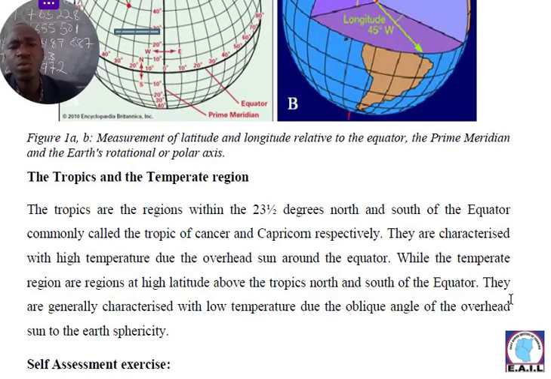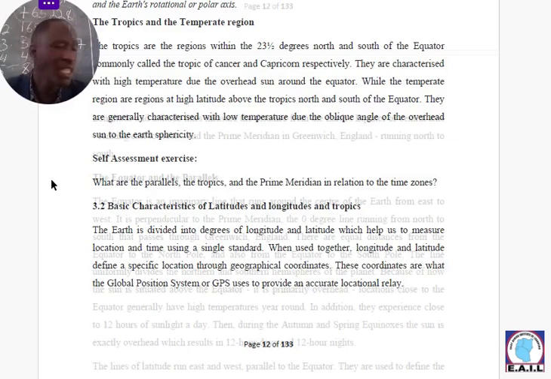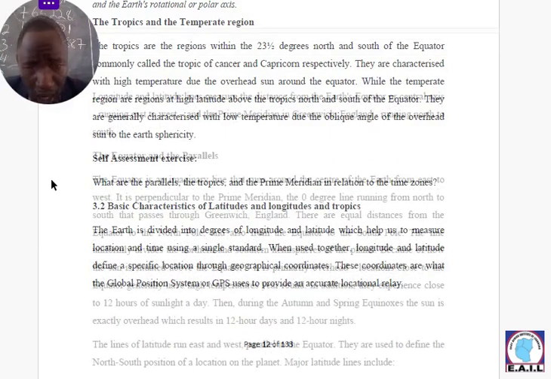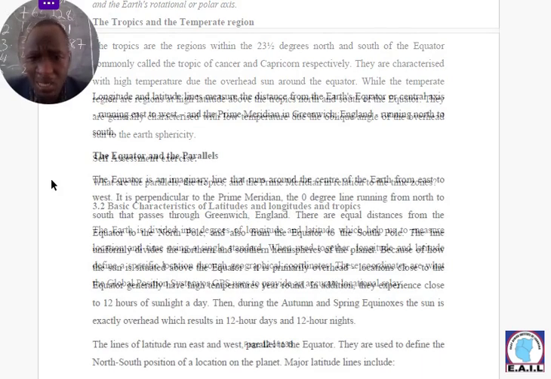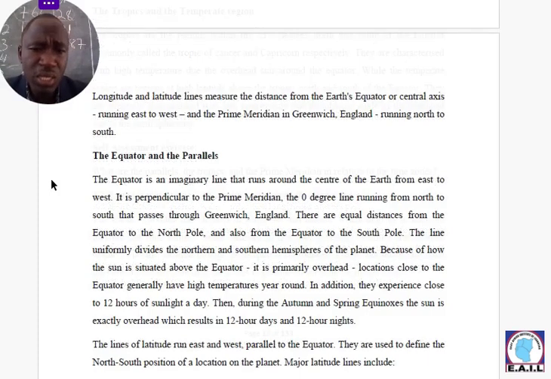The tropics that we are mainly talking about here, we talk about latitudes. These are coordinates. When you look at the equator, the equator is that imaginary line that runs around the center of the earth from the east to the west. That one we call the equator.